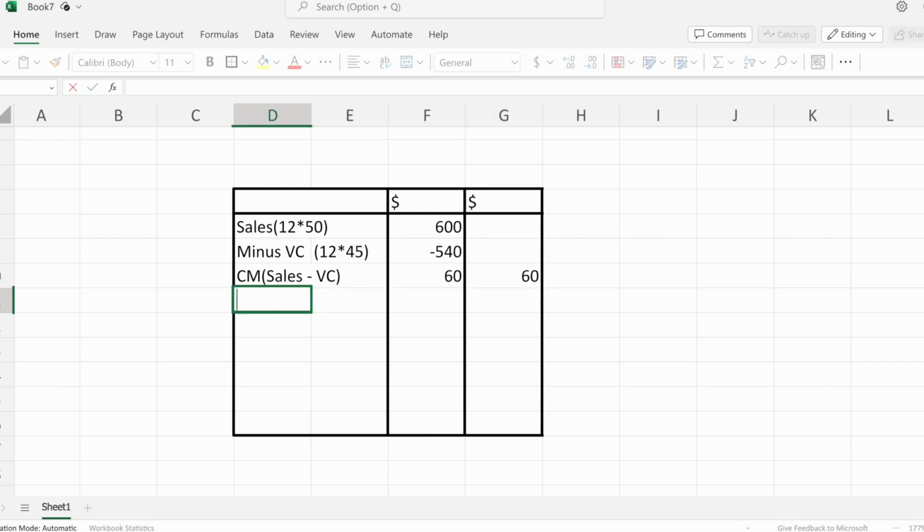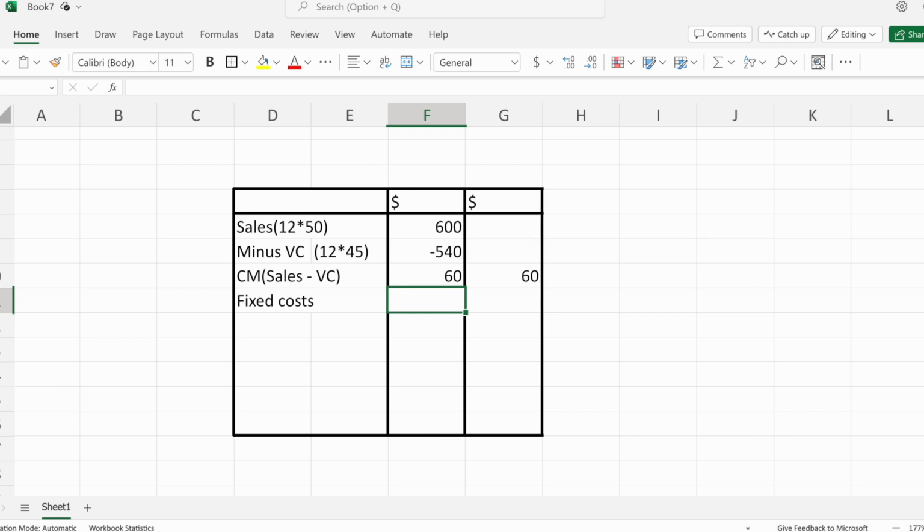Now the other part of the income statement is fixed costs. In this case, what do we agree upon saying that the fixed cost was? Before we discussed that the fixed cost should be the rent, because you're not spending money per unit.